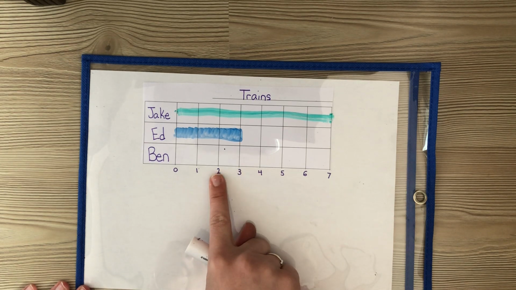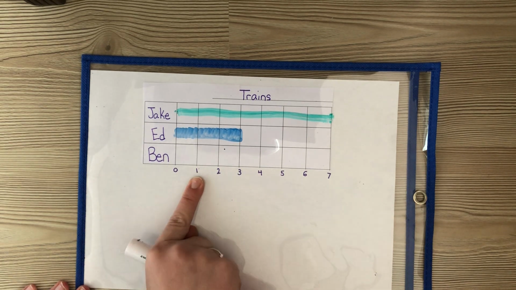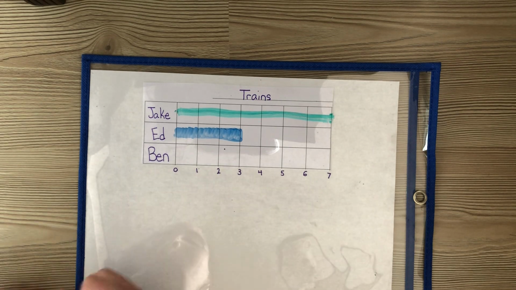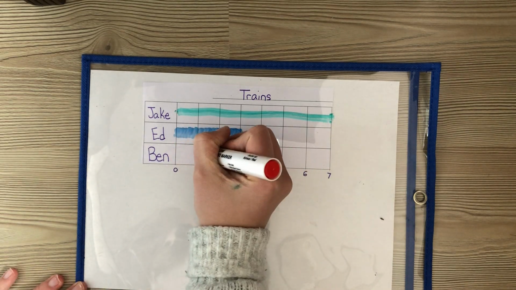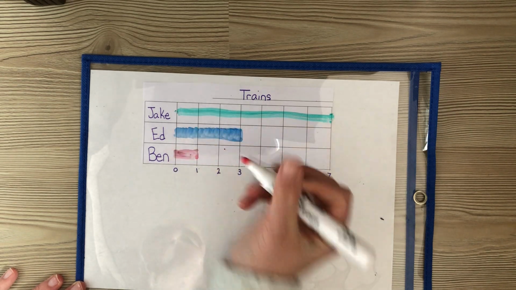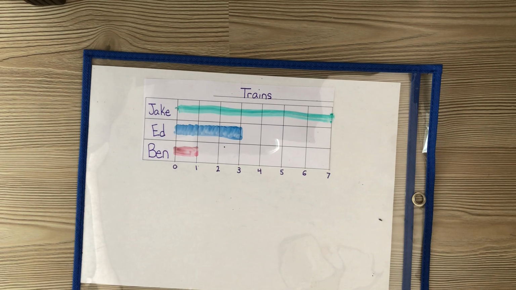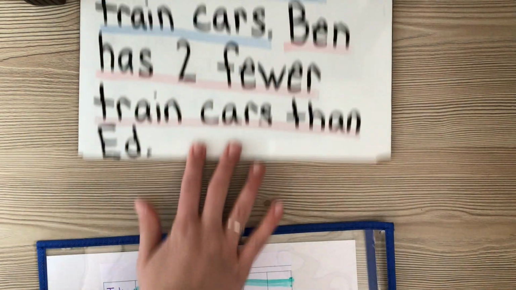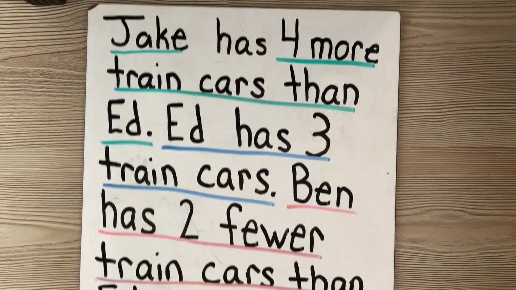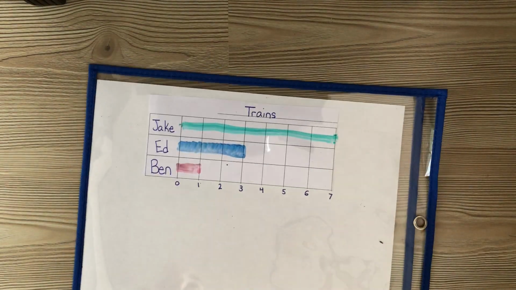Count with me. 1, 2. So how many train cars does Ben have? Ben only has 1 train car. And we are going to draw a bar to show Ben's 1 train car. And there we have it, boys and girls. You have taken this challenging story problem and made it into a bar graph.